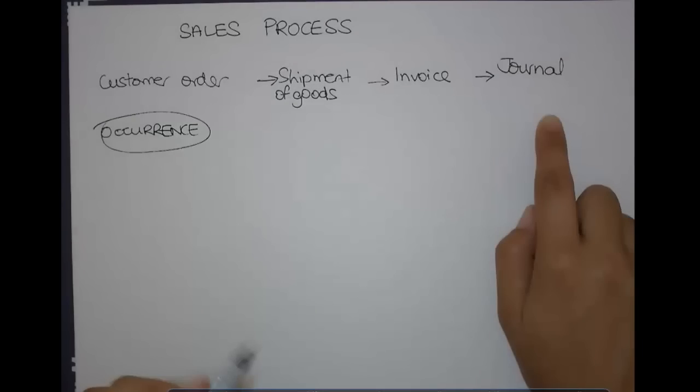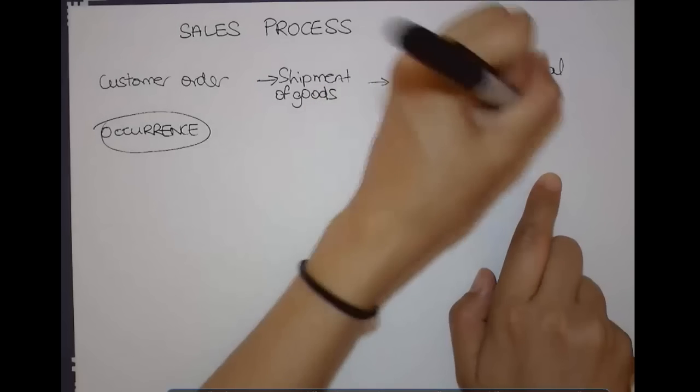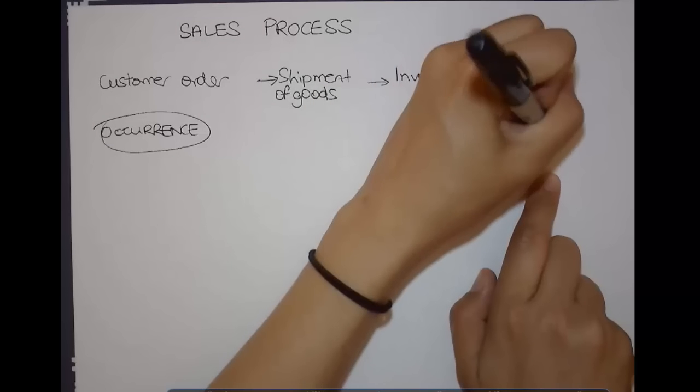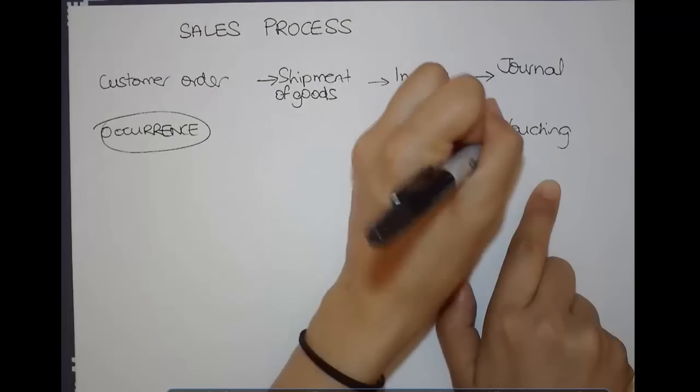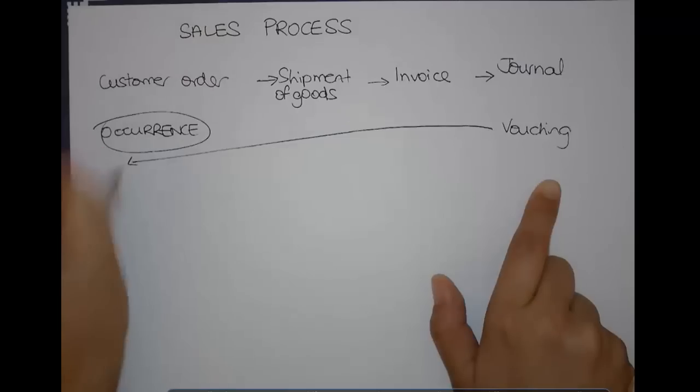So when I test occurrence, I know that I need to be vouching. I need to start at the end and work back to the beginning.